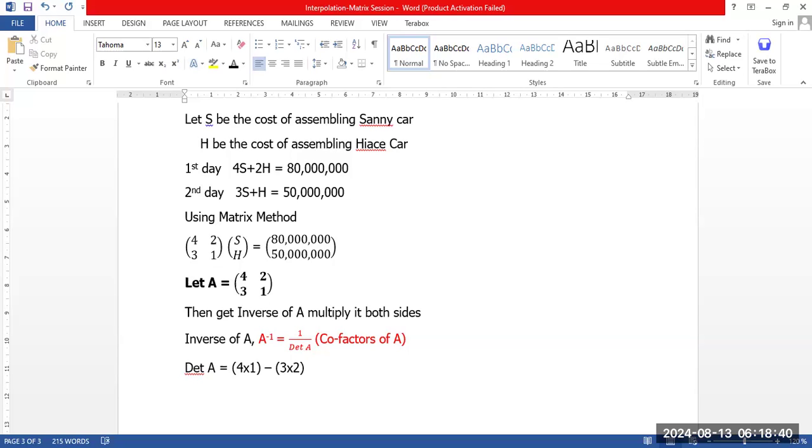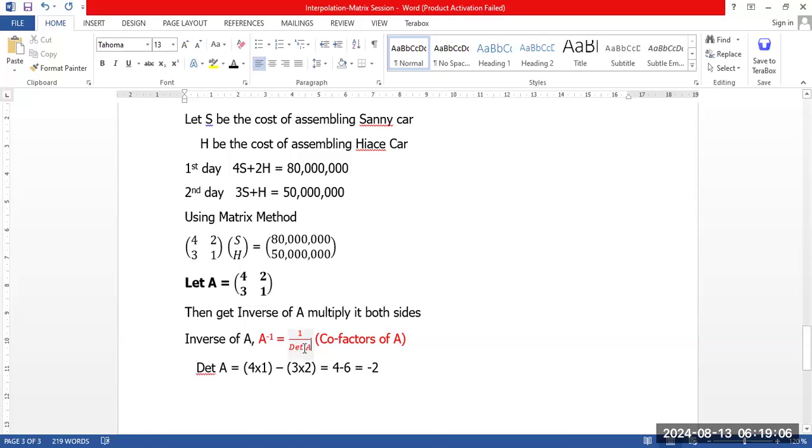What do you get? 4 minus 6, and your determinant is equal to -2. Are you understanding? We multiply figures on the major diagonal, then subtract the multiplication of figures on the minor diagonal to get the determinant.